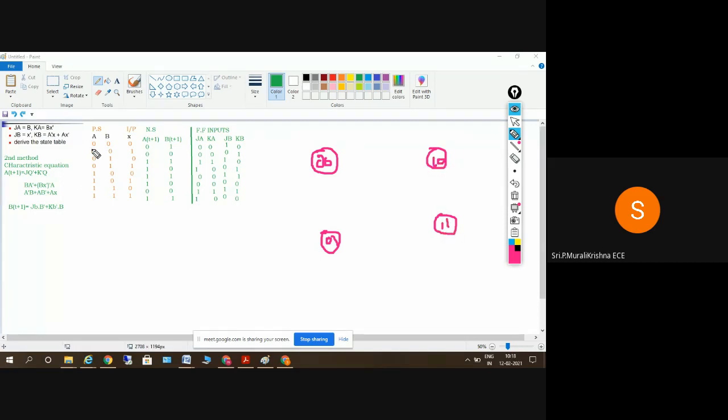If from 0 0, if x is equal to 0, it will go to the state 0 1. From 0 0, if x is equal to 1, it will remain in the same state. And from 0 1, if the input is equal to 0, it will go to the state 1 1. Okay, sorry, it's 1 0, right?